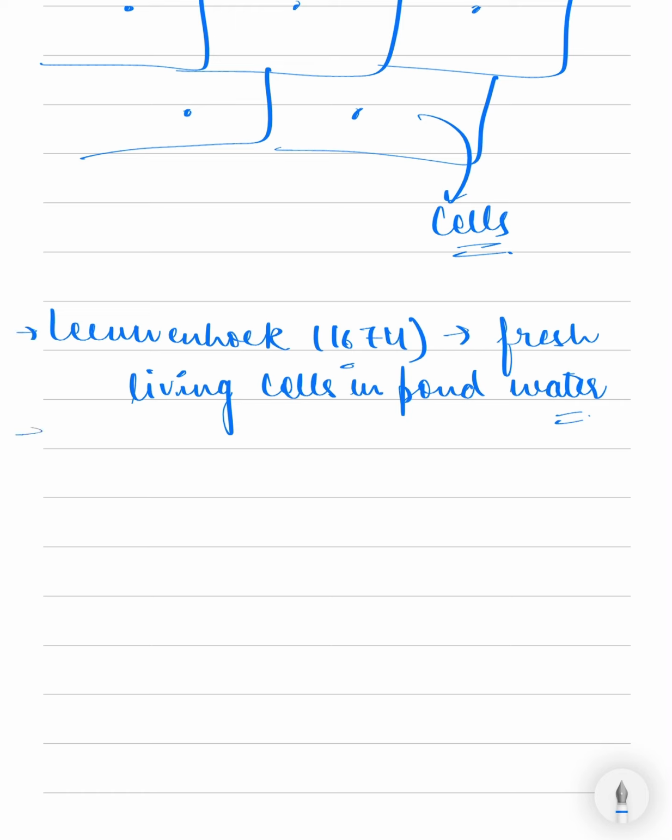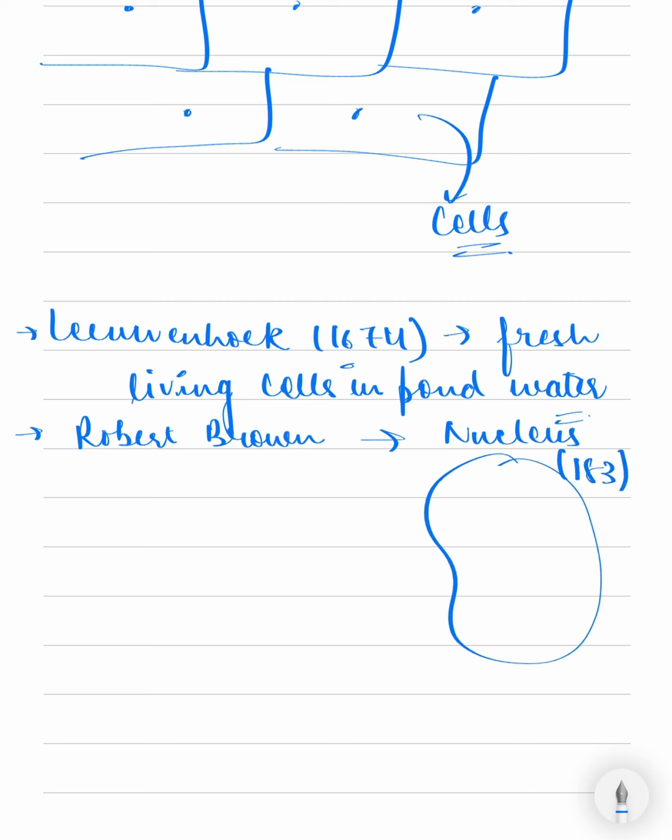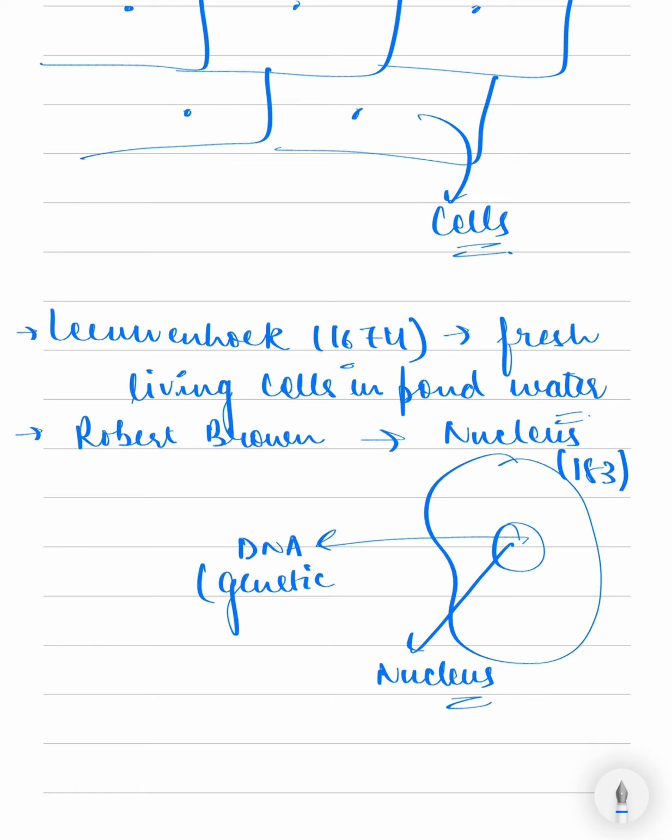Next scientist is Robert Brown. He discovered the nucleus in 1831. Now, the nucleus is a structure which is present inside a cell. In the nucleus, they have all the DNA, or we can say the genetic material.